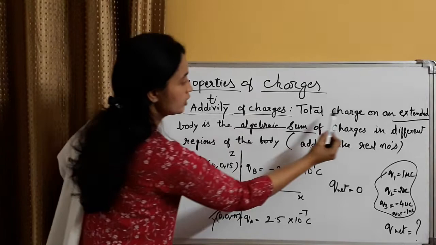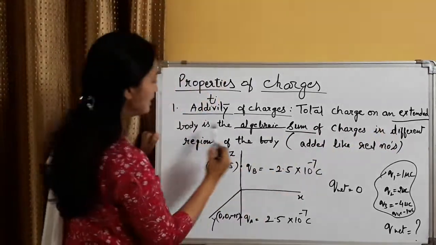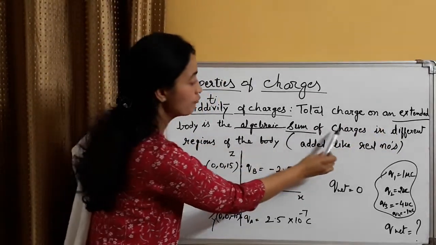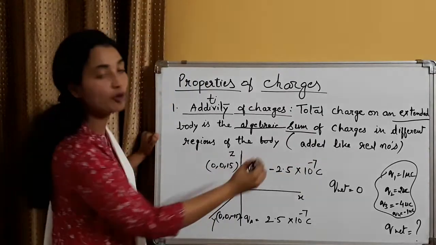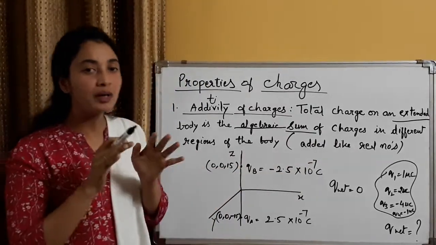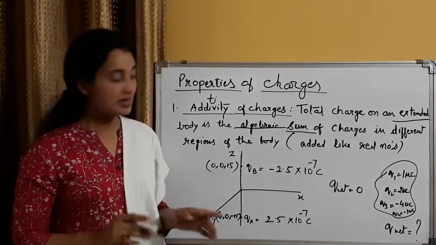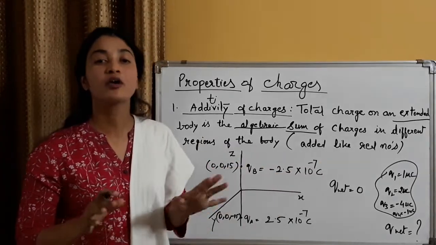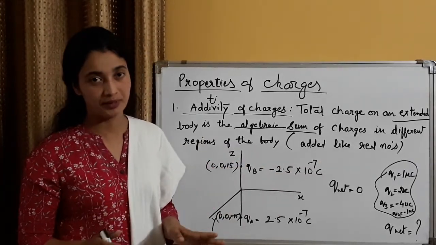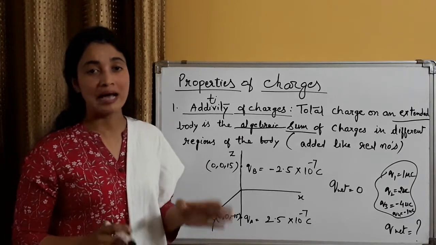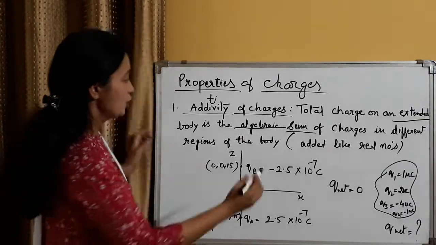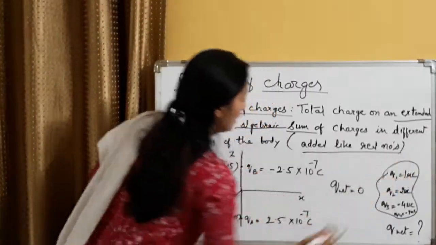I am repeating, total charge on an extended body is the algebraic sum of charges in different regions of the body. In one simple way, we can state it as charges are added like real numbers. It's one and the same thing. Charges are purely added like real numbers. So you can keep it in mind.